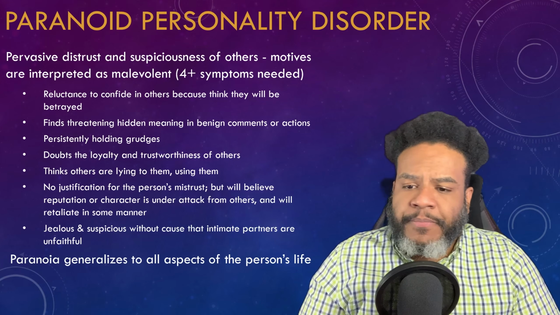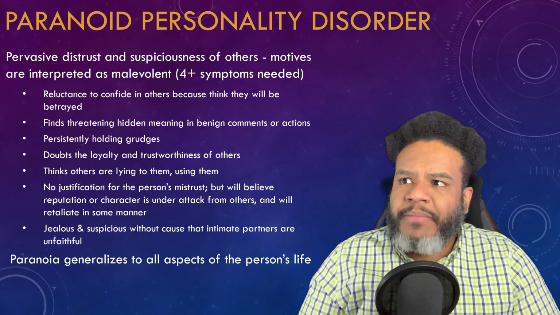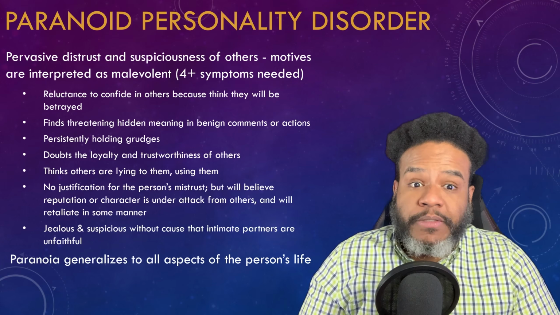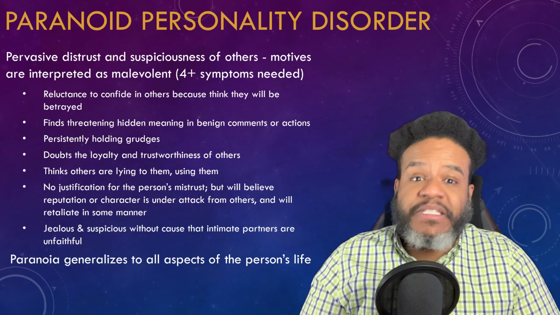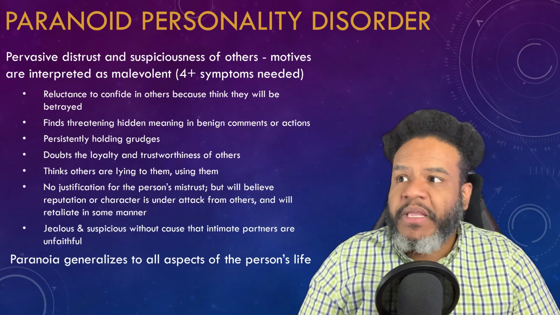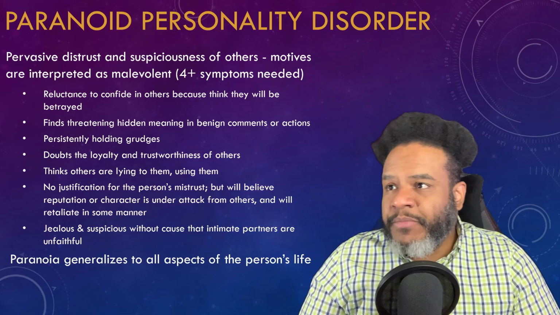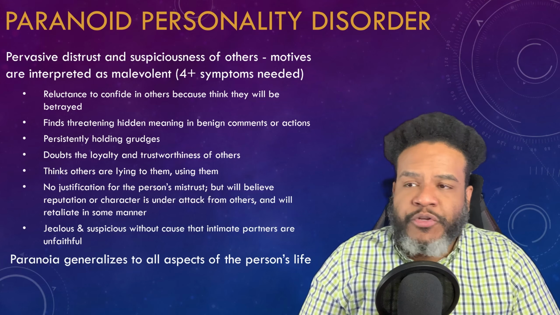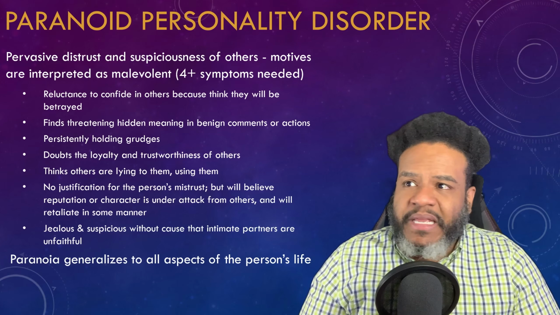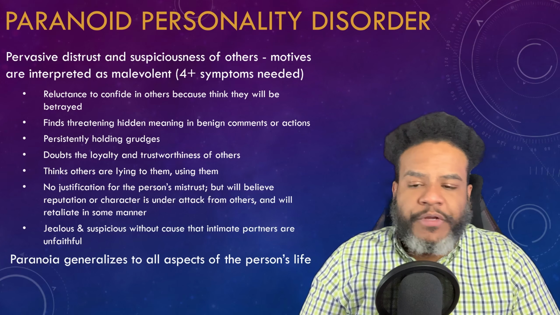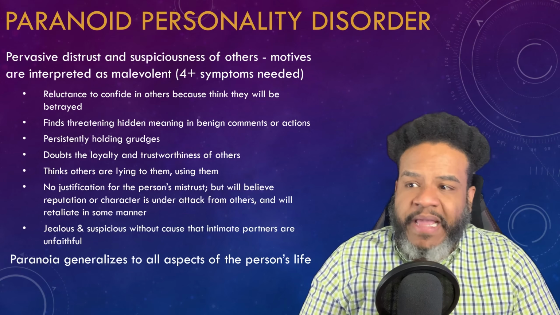Individuals with paranoid personality disorder might be amazed when they see loyalty, because they just can't believe that someone would actually be loyal to another person. Someone might get in trouble and they'll assume that somebody set them up, or that their friends or associates won't come to their aid or help them out.